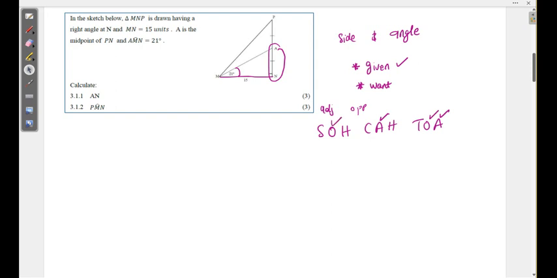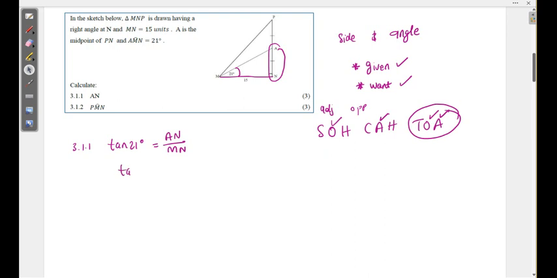Now, the ratio with most ticks is the one that you're going to use. Okay? So therefore, in that case, you're going to use tan. So 3.1.1, you shall say tan 21 degrees is equal to AN over MN. Remember tan again is opposite over adjacent. The opposite is AN, the adjacent is MN.